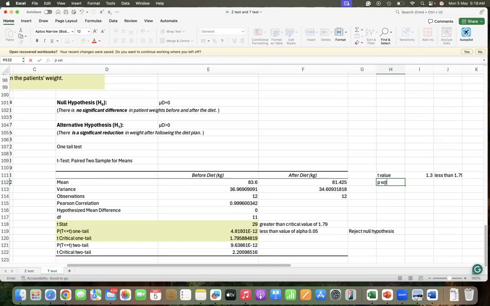सिमिलरली ये हमेशा एक दूसरे को सपोर्ट करेंगी, अलग अलग कभी नहीं आएगी। पी वैल्यू अगर हमारी आती फॉर एग्जाम्पल 0.075, which is 7.5%, and 7.5% is more than 5%.